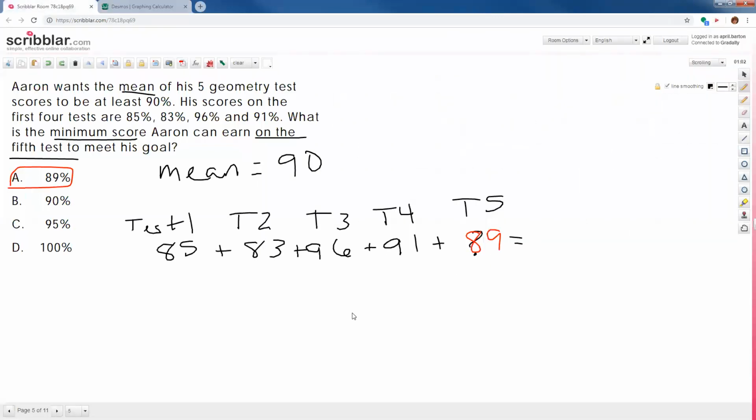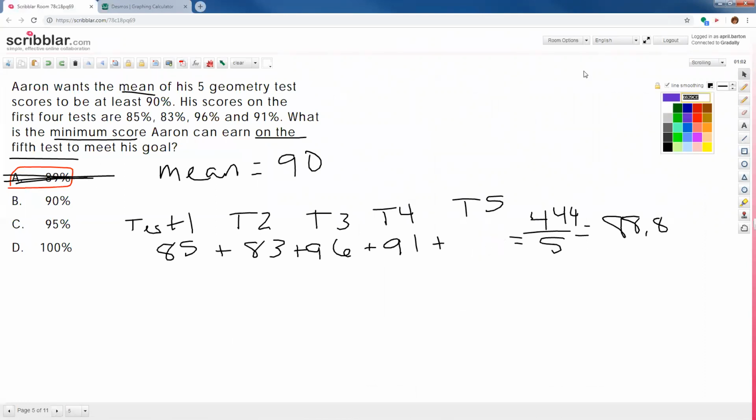So 89 didn't quite work because we got 444 divided by 5 and got the 88.8. We did not get the 90 that we wanted. So that doesn't work. So then we're going to try the next number. Instead of 89, let's use 90.